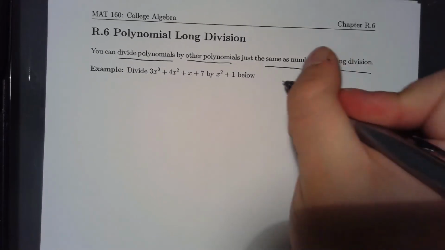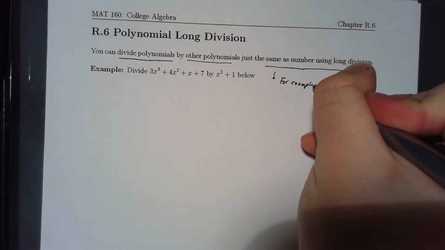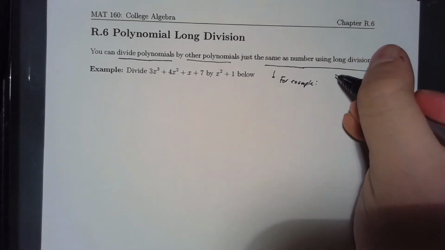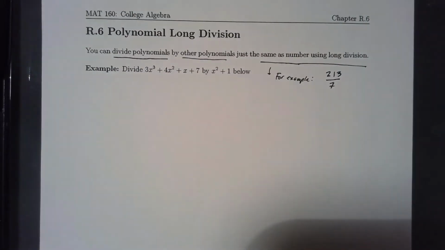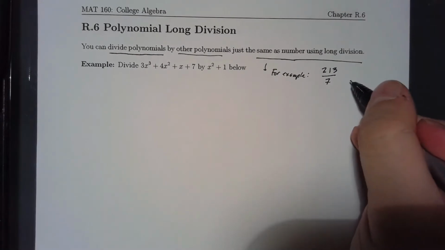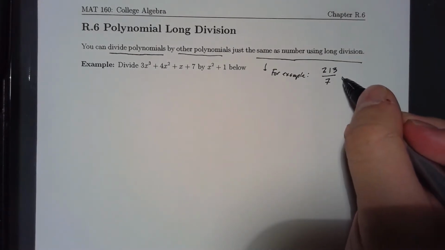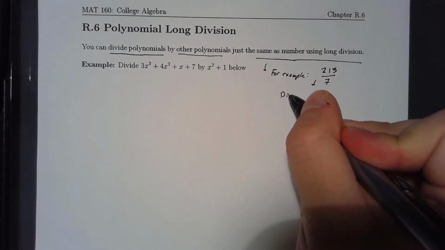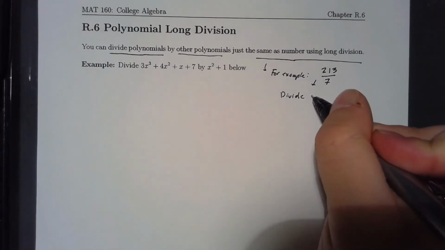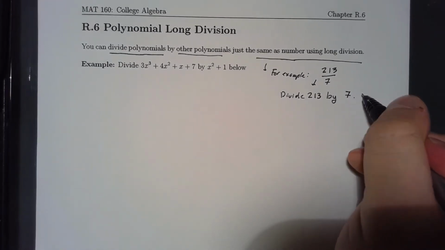For example, if you did 213 divided by 7, this means divide 213 by 7.